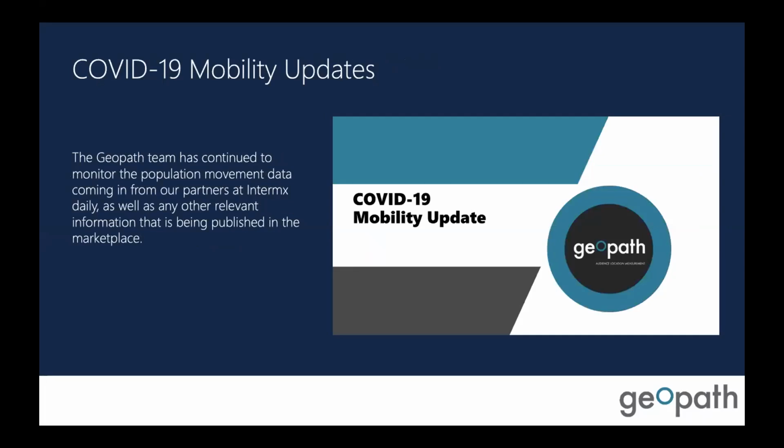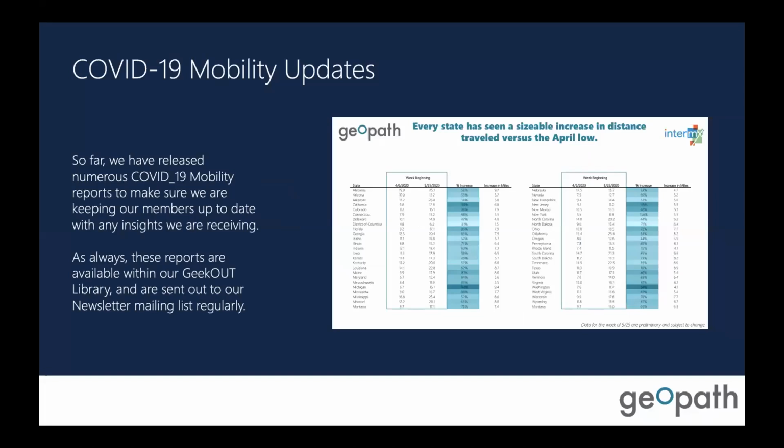And then another thing that we've been producing weekly, and there's one of these that will come out by the end of this afternoon, and we have a newsletter all ready to go, is what we've been calling our mobility update report. We've been continuing to leverage the data in the mobility dashboard and update it by state for everybody.